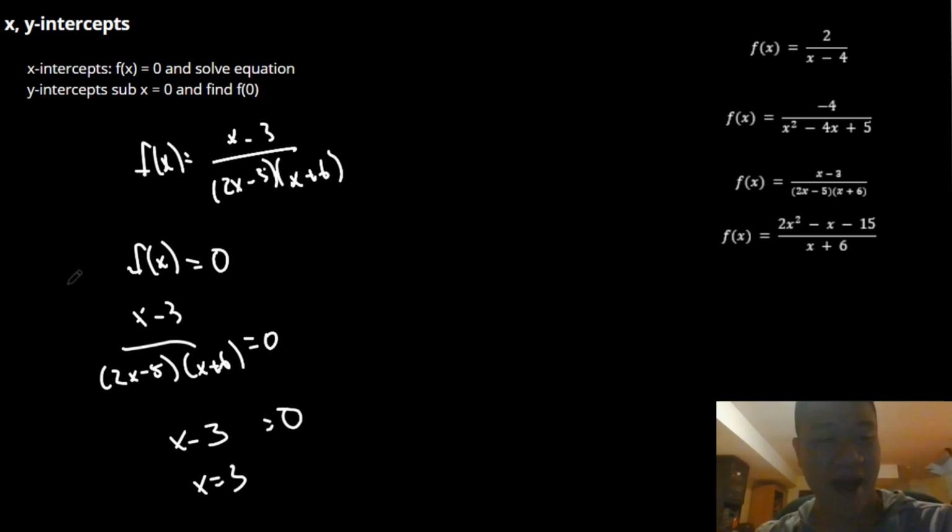So in this case, we actually have something that made sense, because our numerator, if you notice, does not only contain numbers, it also contains x's. So when we set it equal to 0 and solve it, we're going to get an x-intercept, which is at 3. And then we can get our y-intercept.